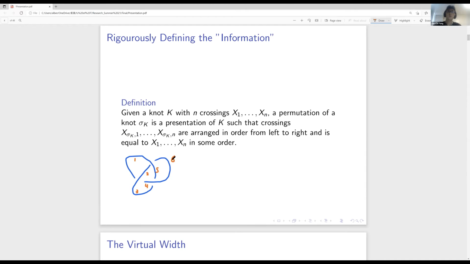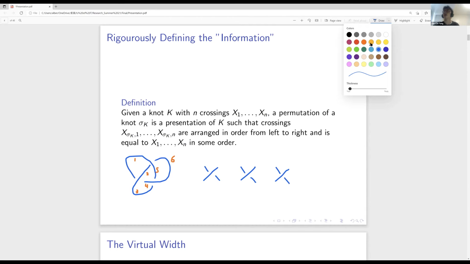And then what's going to happen is that a knot permutation will look something like, for example, I take the 3 crossings, I'm putting them left to right, and then I'll say the first crossing in the permutation is going to be this one, for instance.